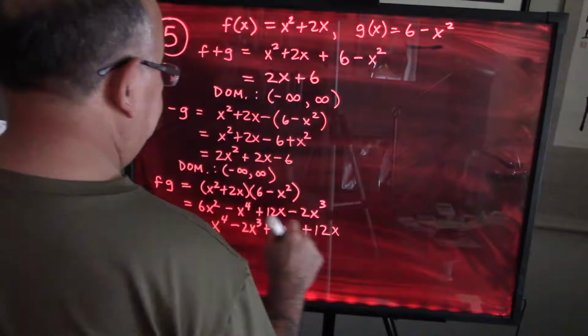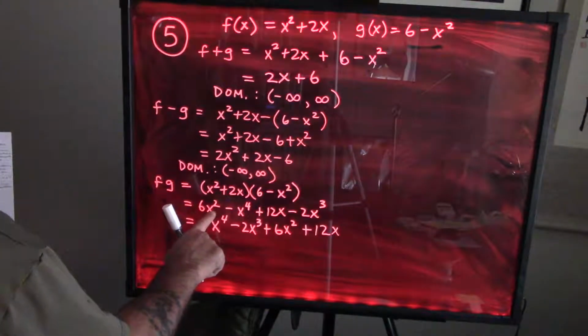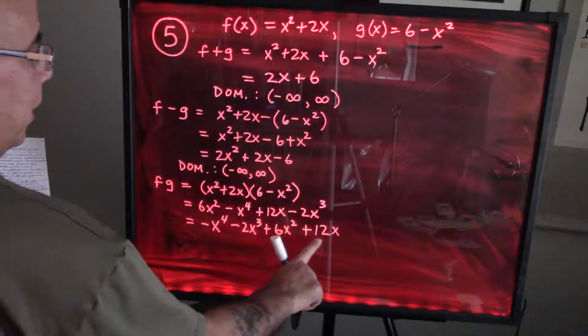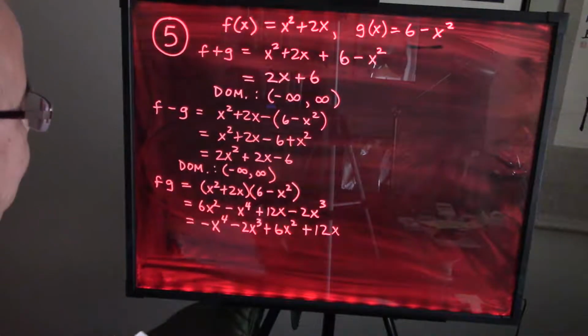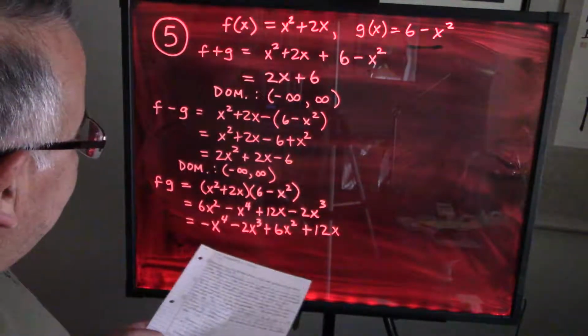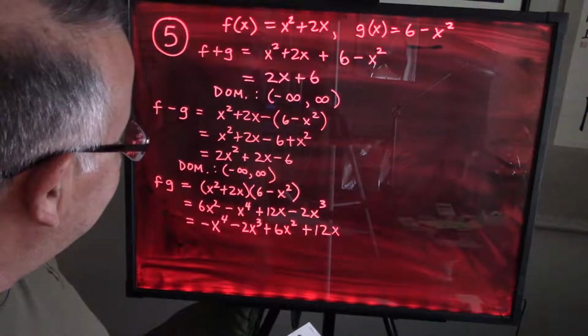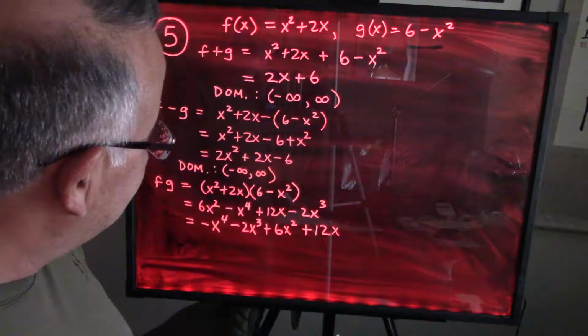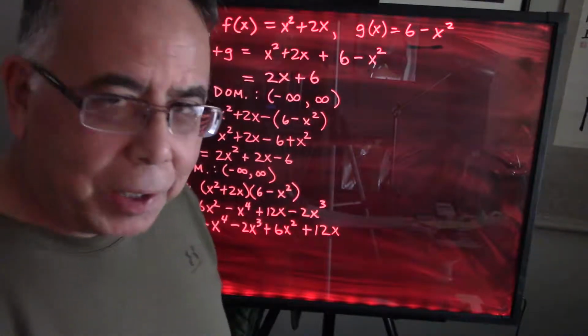It's not that written this way it's incorrect, but this way is the customary way to write those. Okay, so all the powers are nice and in order, descending, and it's better to look at, more organized.